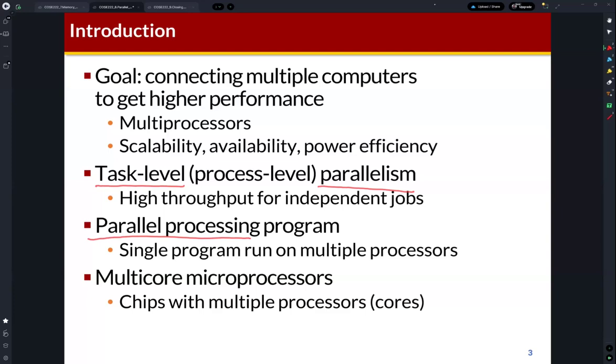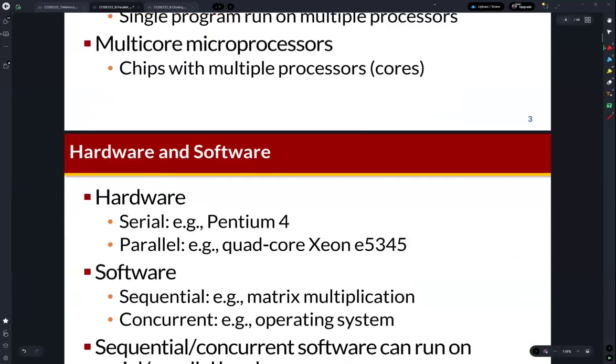Which means we need to also implement multi-core architectures. Also, the software needs to be designed for these target parallel processors. So the hardware and the software design are both required.